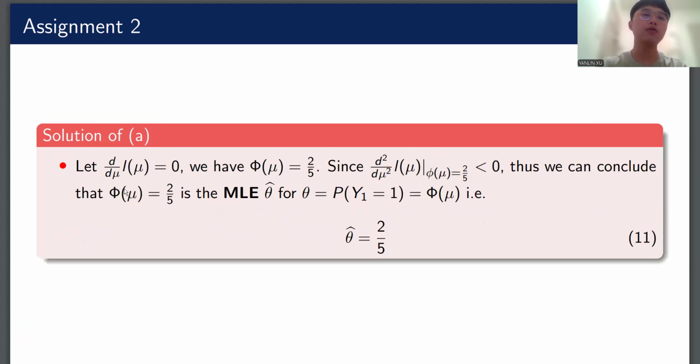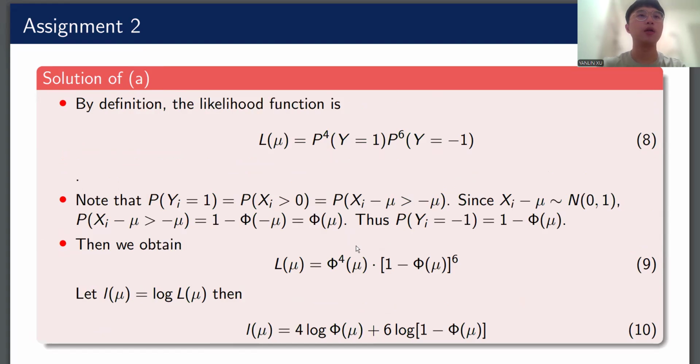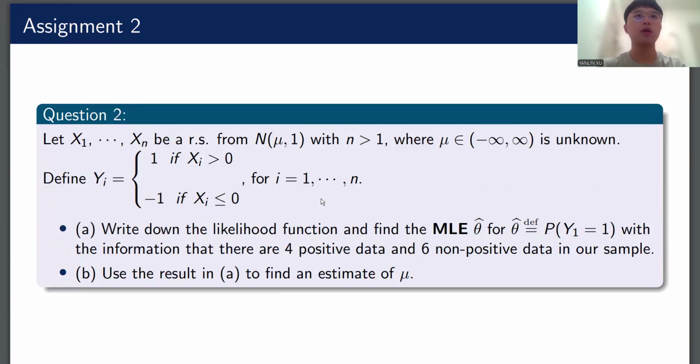And we know that the function phi is an injection, so we just take the inverse of this function to be the estimator of mu. That is, the estimator is equal to the inverse of phi at 2 over 5. So we have done the second question.